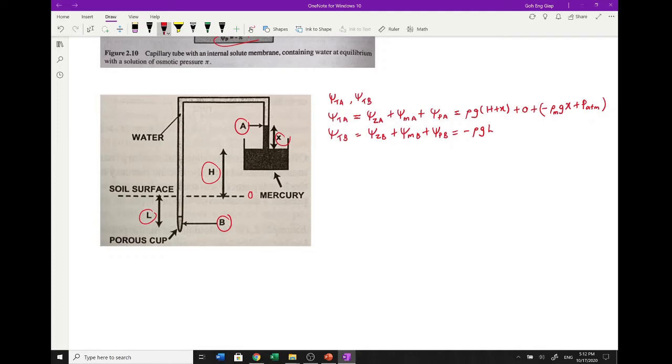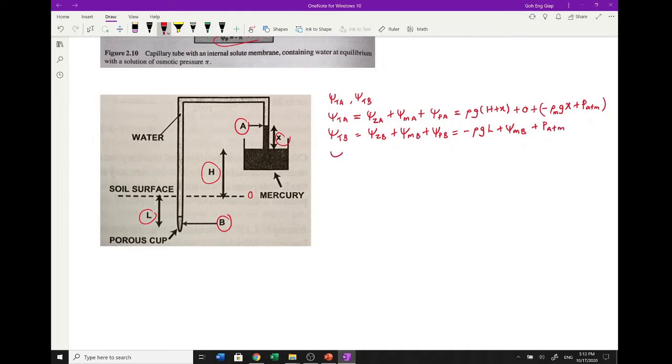How about the matric suction? There is a matric potential, but we don't know the matric potential. Then for the hydrostatic pressure, the hydrostatic pressure here is P atm.